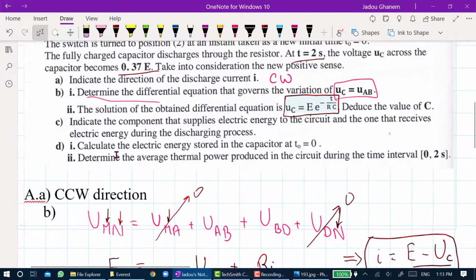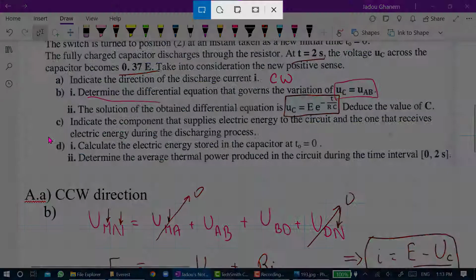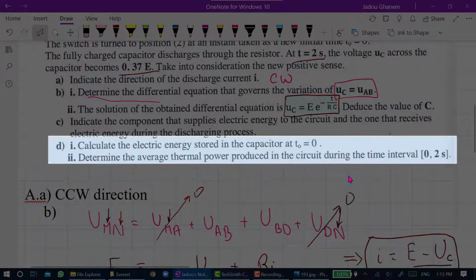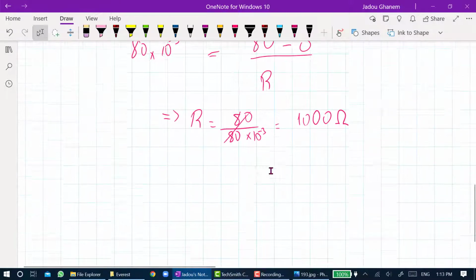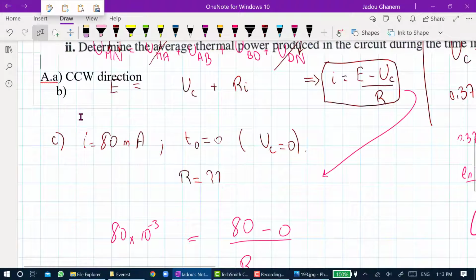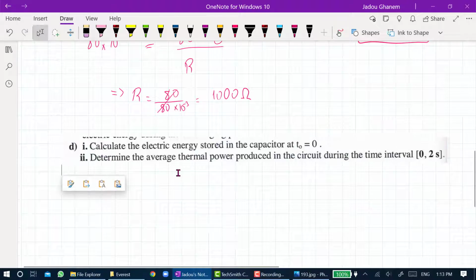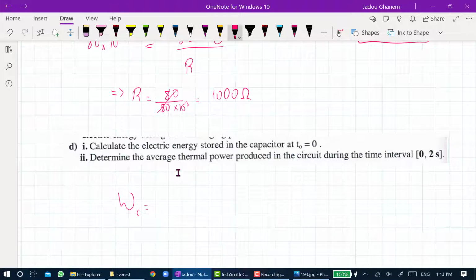In part D, the final part, calculate the electric energy stored in the capacitor at t equal 0. We know one formula. To find the energy stored in the capacitor at t equals 0, we must use the equation for the energy, which is W equal half C UC squared.